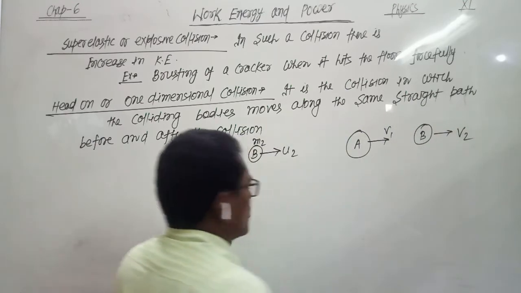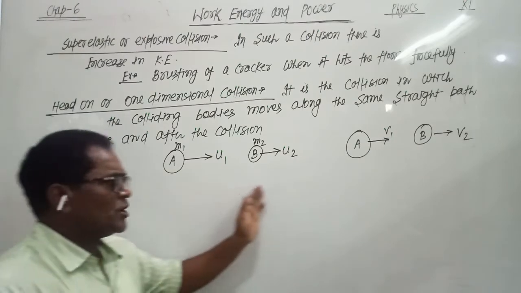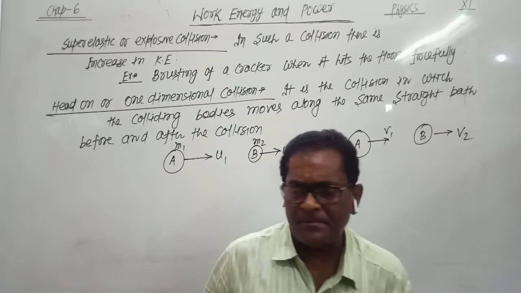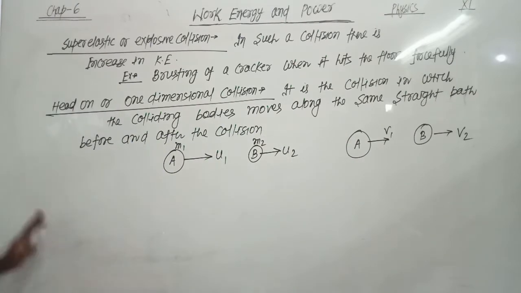So the colliding bodies move along the same path before and after collision. Then such type of collision is called one-dimensional collision or head-on collision.